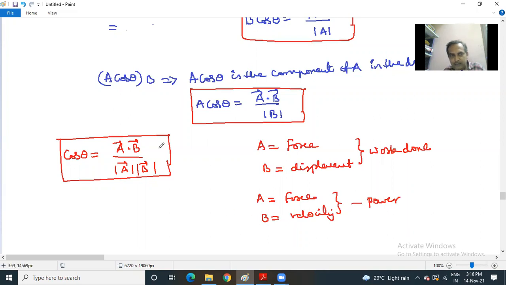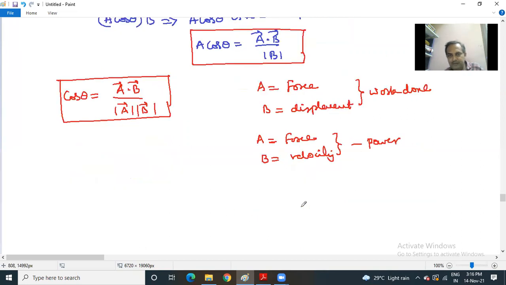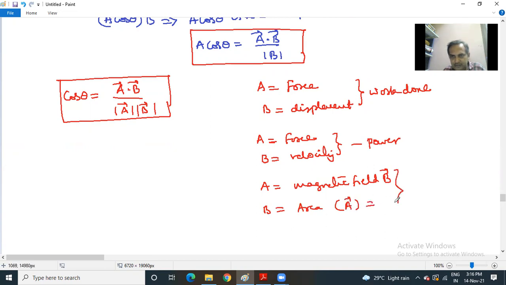Next, in place of A, you can expect the magnetic field, which we represent as B. In place of B, you expect area, that is A bar. So this gives magnetic flux, phi, the magnetic flux.